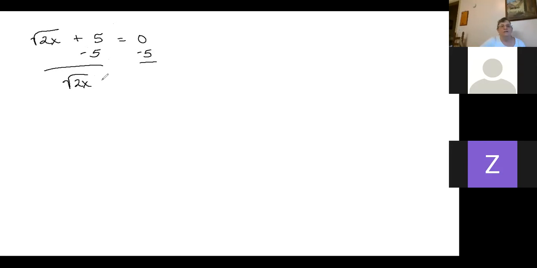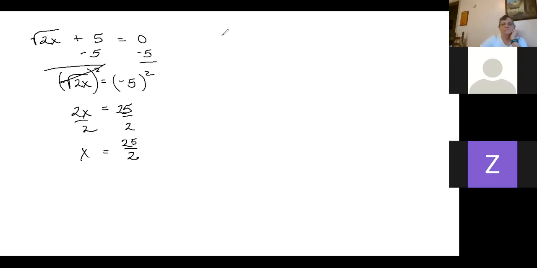Square root of 2x equals -5. Now I'm going to square both sides. The square of the square root just leaves the 2x equals 25. Divide by 2. X equals 25 halves.